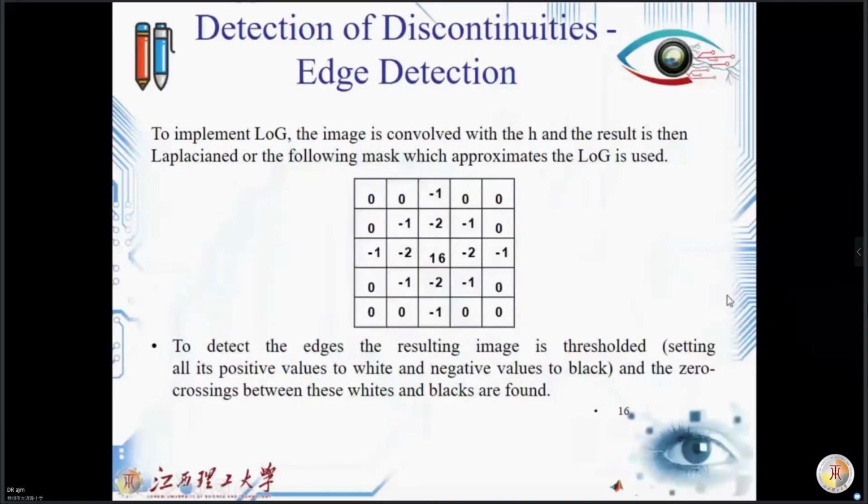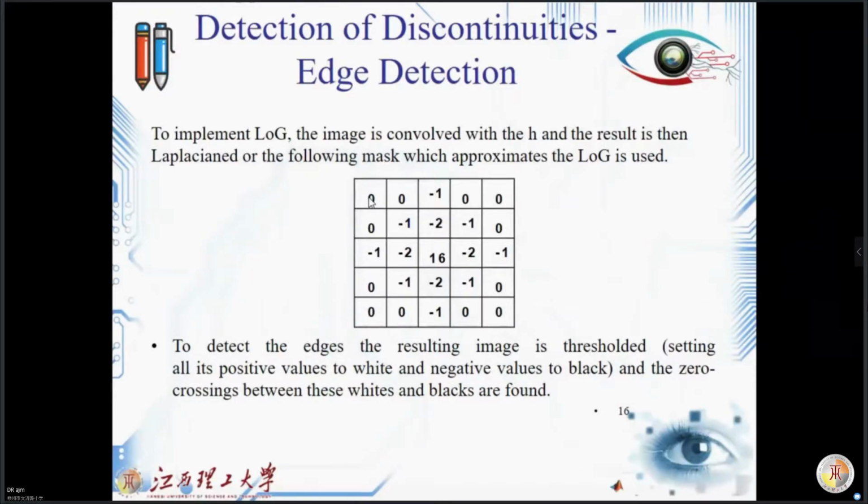Then if we want to implement this LOG, the implementation is convolved with the image, and the result is the Laplacian, or the following mask approximating the LOG is used, as you will see in the matrix here.